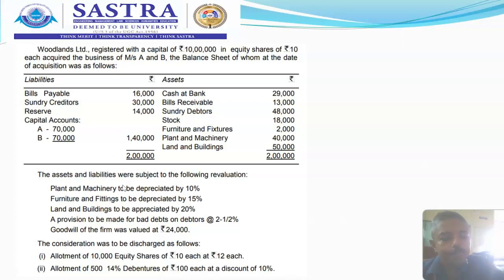Hence, for that we need to pass a journal entry. It will neither affect the purchase consideration nor the form of payment. Since nothing is given, you can assume that the cost of acquisition is borne by the acquiring company. So for that we need to pass the journal entries only, and it will not affect any type of calculations.